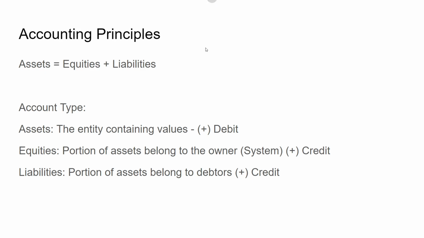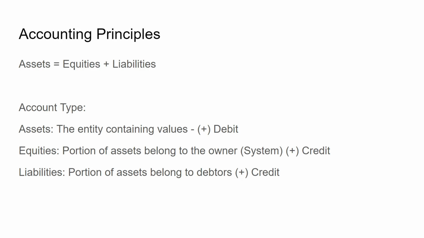the assets are going to equal equity plus liability. So what is an asset? An asset is an entity containing value, that we call debit. Anything you have when you have the business, like your building, your stock, your desk, chair, computer, whatever, that we call an asset. An asset is something like the entity of the business unit that you own.